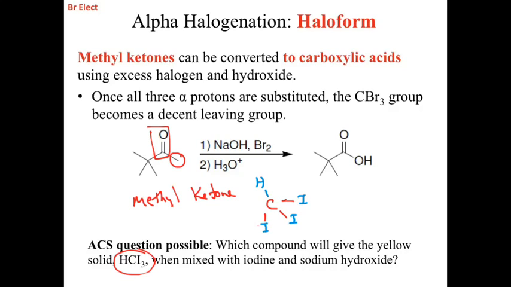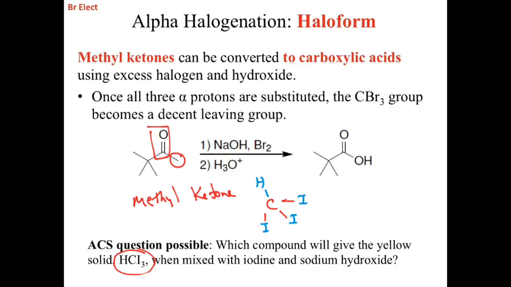And not only do you get a precipitate, but it's a nice, bright, brilliant yellow precipitate. So it's really used as a way to identify the presence of a methyl ketone, which seems kind of stupidly specific, but that's the intent behind this. All we're trying to do is say, in this unknown solution, if I mix hydroxide and iodine, and I see this yellow precipitate, then I know I've got a methyl ketone.